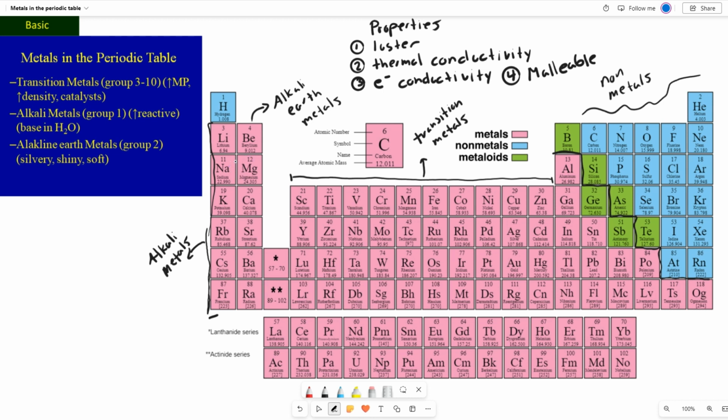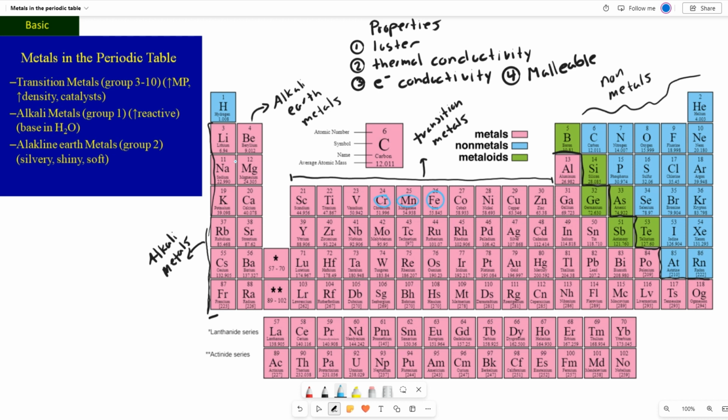So, some of the more important or well known transition metals and their uses are, if you take a look at element 26, you have iron, and then you have element 25, manganese, right here, and element number 24, chromium. If you mix those three elements together, they will produce steel.